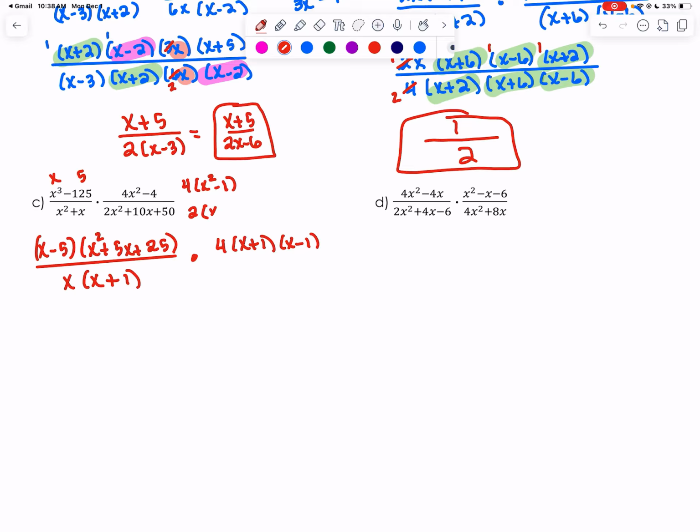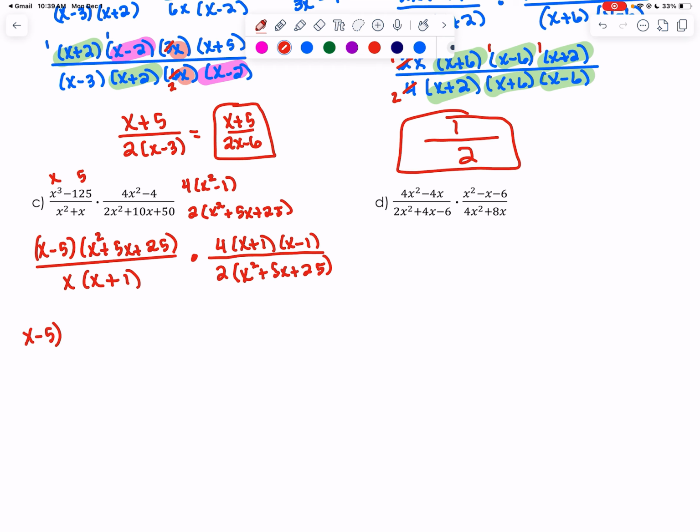If I take out a 2, that would leave me x squared plus 5x plus 25. I don't think that'll factor any further, so we will leave it like that. So 2 parenthesis x squared plus 5x plus 25.